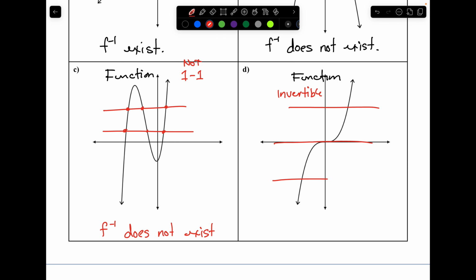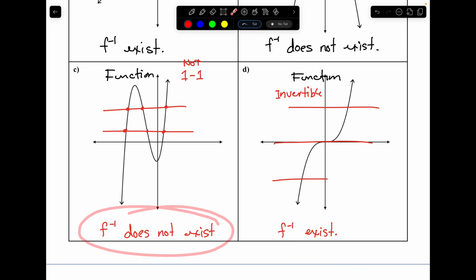And remember, the words invertible and one-to-one mean the same thing. That's why I'm interchanging the terms. So this inverse does exist, or the inverse is going to be a function. So one more time, this means that the inverse is a function. This means that the inverse is not a function.